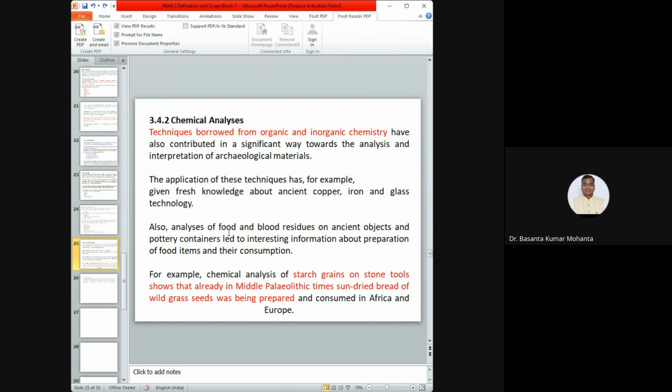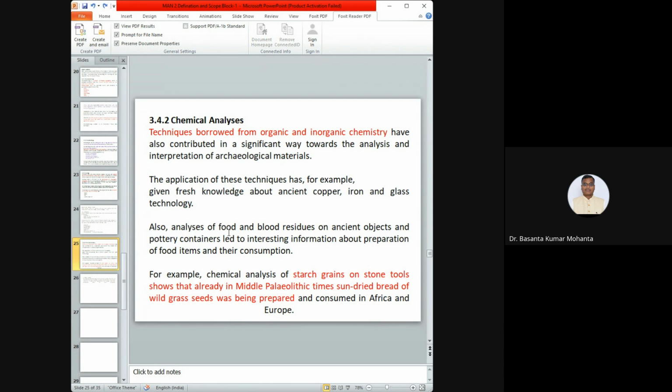In a similar way, we can understand the chemical properties of diet, nutrition, or food, or different kinds of residuals or waste material, or different kinds of pottery, ceramics, and their causes of damage, causes of use, causes of consumption, etc.